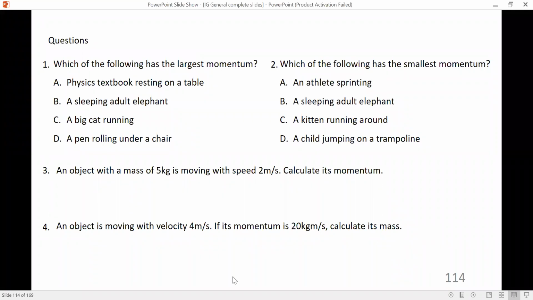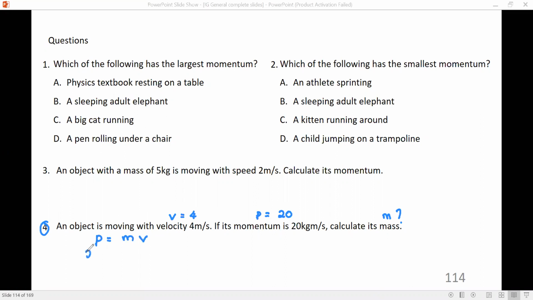Let's do question number 4. An object is moving with velocity 4 meter per second, so the V is 4. If the momentum is 20 kg meter per second, so you already have the value of momentum, calculate its mass. So we want to find the mass. We know that the formula is P equals mv.